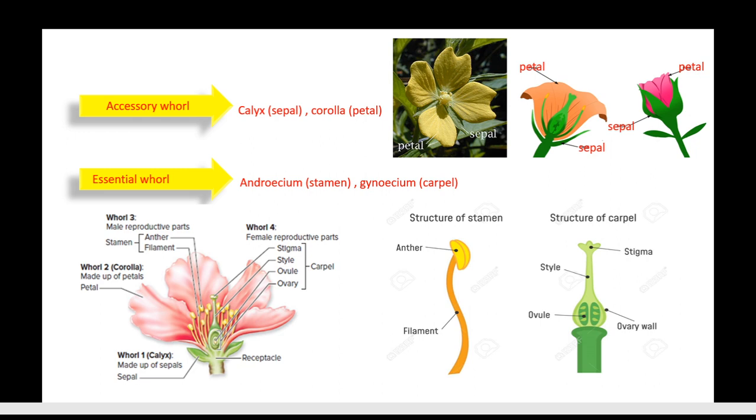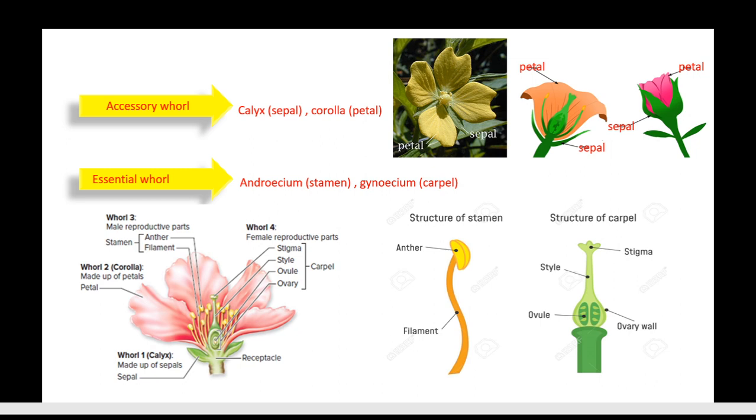Only two parts are shown. One is anther and the second one is filament. But the point where anther attaches to the filament is called the connective. So structurally there are three parts in an androecium.